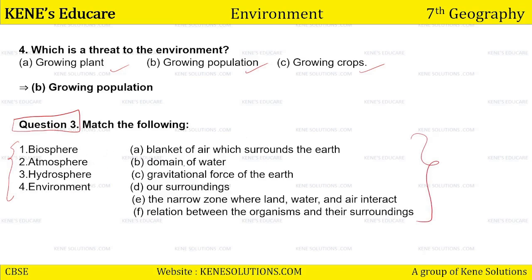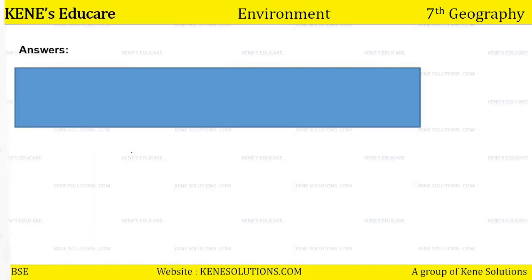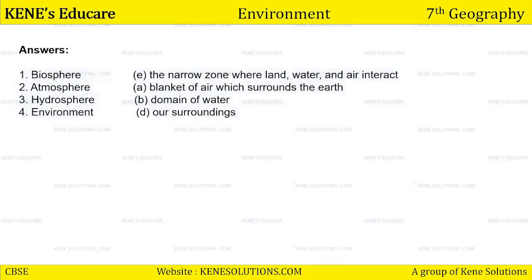And the options given here are, A option says that blanket of air which surrounds the earth, domain of water, gravitational force of the earth, our surroundings, the narrow zone where land, water and air interact, relation between the organisms and their surroundings. Now you have to match to the exact correct meaning of the words.